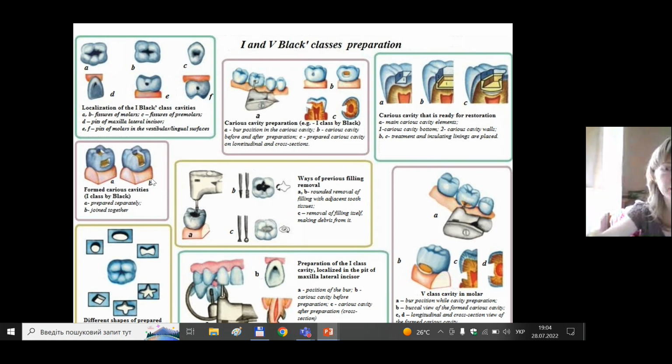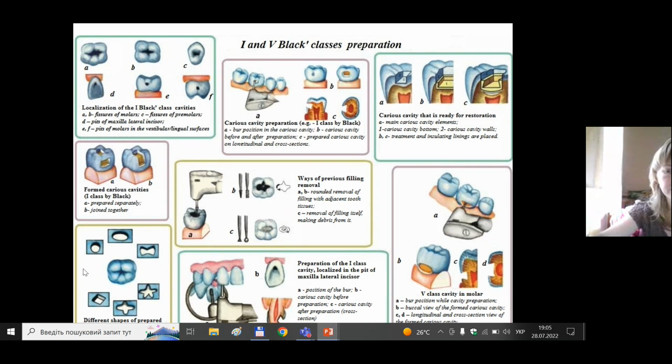And here we have prepared, ready, formed caries cavities after preparation. Two cavities on the occlusal surface and on the labial or buccal surface in the pit can be prepared separately, as in this case, or if a great amount of dentine is destroyed, such cavities can be compounded together, and in this case we call them complex.